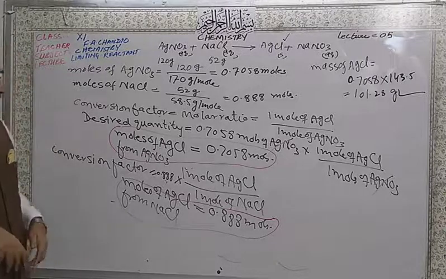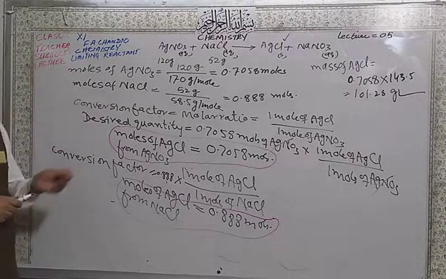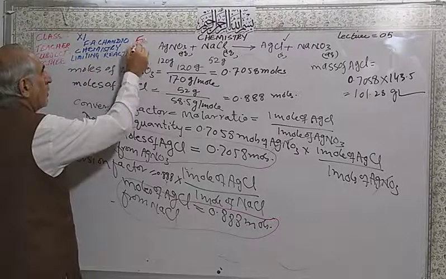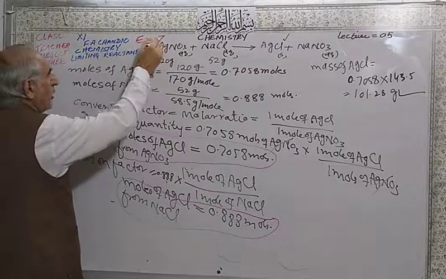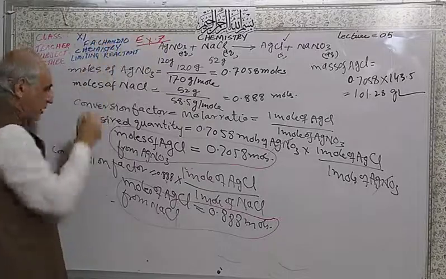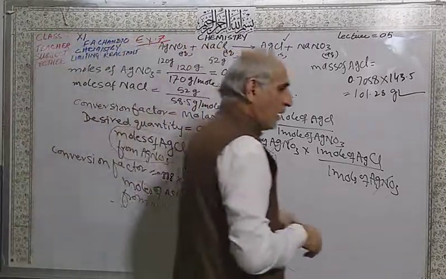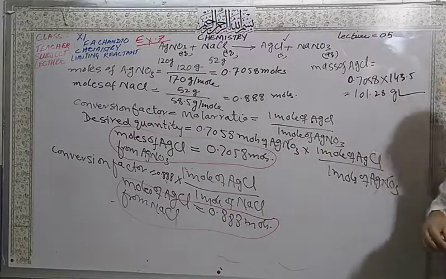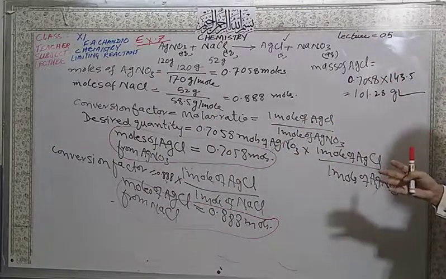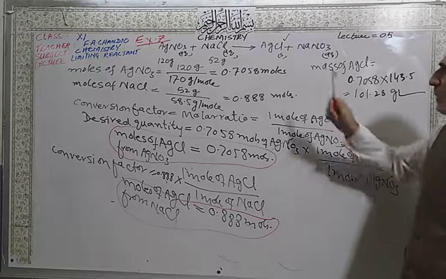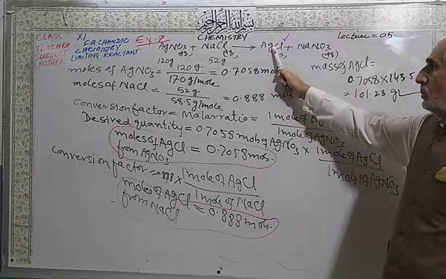This is the exercise, exercise question number 7, the last question, chapter number 1. How we calculate the limiting reactant and how we calculate the mass of the unknown.